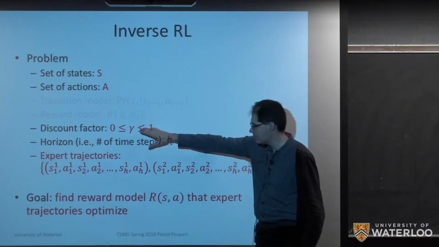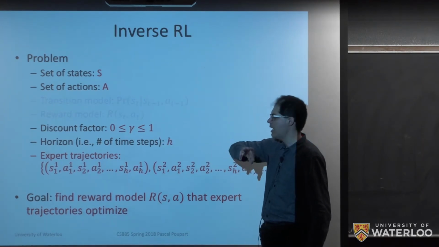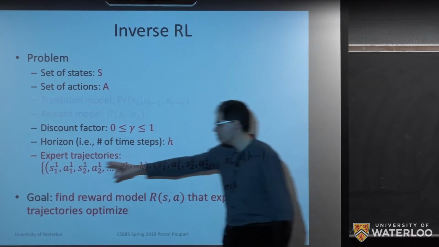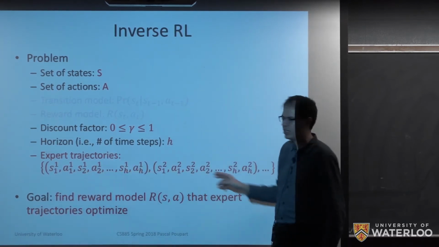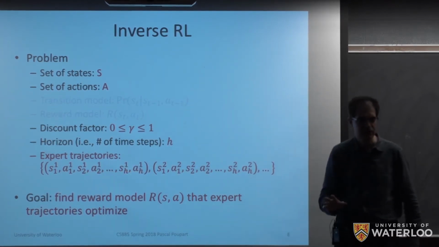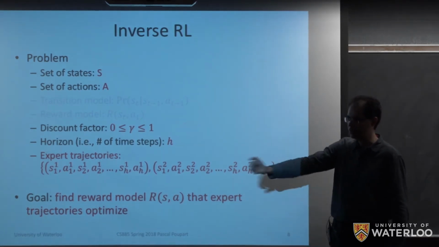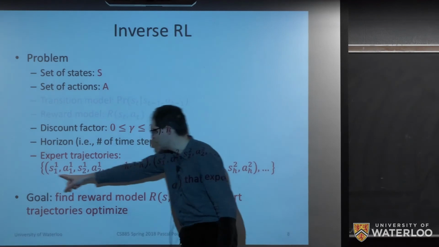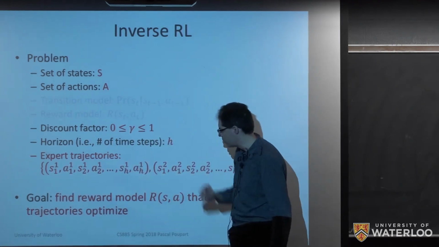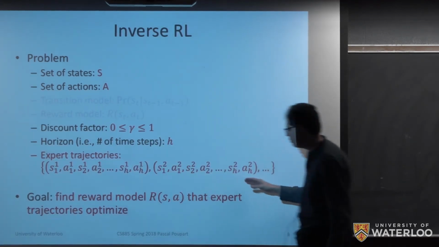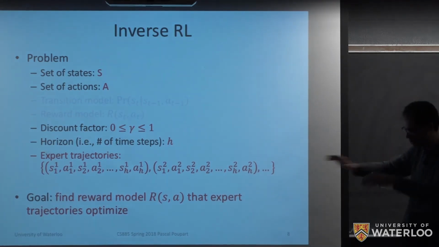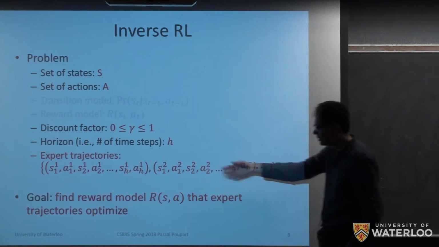And okay, we have a discount factor, we have the horizon, and now the other thing I'm going to assume that I have access to is some expert trajectories. So expert trajectories are just sequences of states and actions. And here I've got one sequence that goes up to the horizon h. I've got a second sequence that goes up to the horizon h, and so on. Okay, so imagine that you have several sequences.